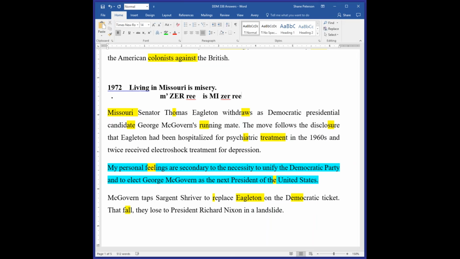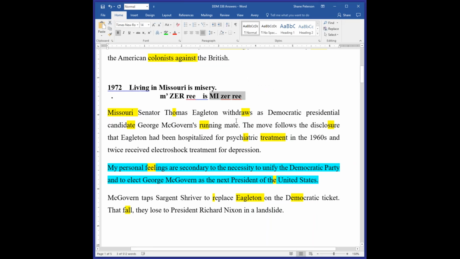Living in Missouri is misery. Living in Missouri is misery. Bingo. Very important, because people who love Missouri do not want to hear misery.